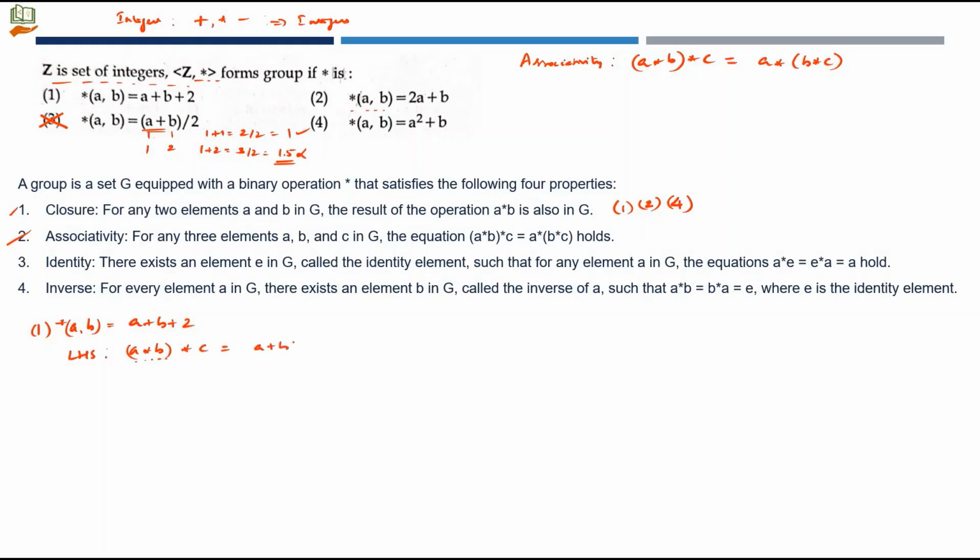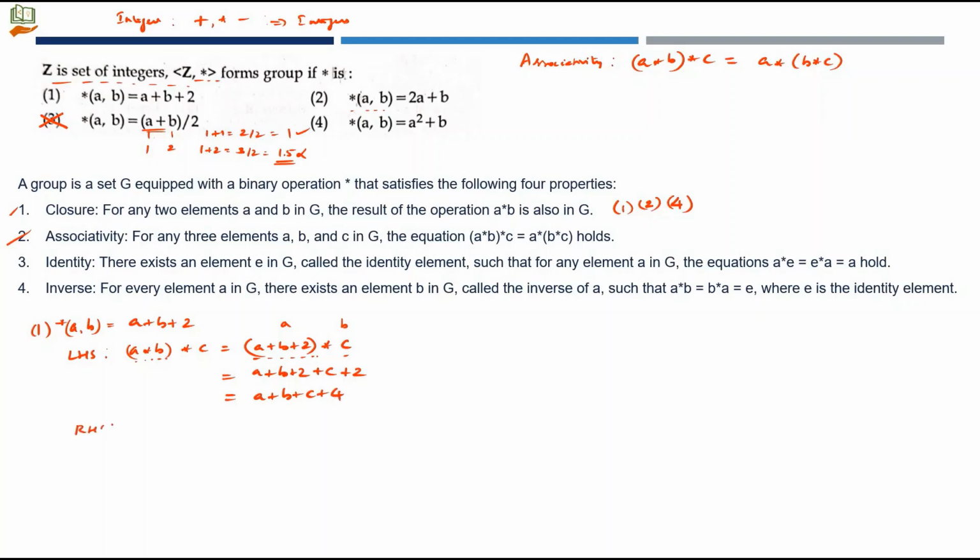It is A plus B plus 2, into C. Now just consider the whole expression as A and C as B. Expand the expression as A plus B plus 2. This A plus B is actually the previous expression, plus 2 will be followed from the question expression. A plus B plus C plus 4. This is the left hand side.